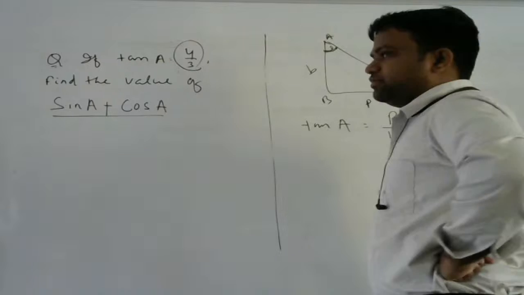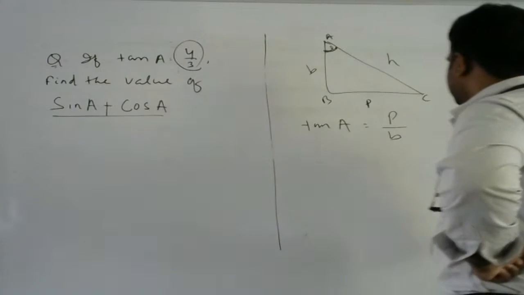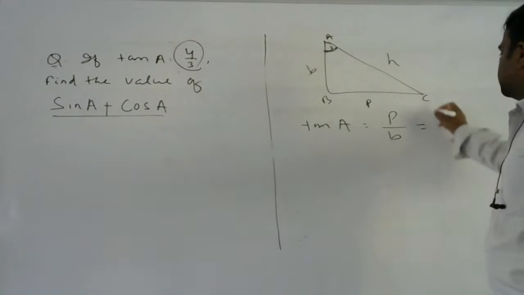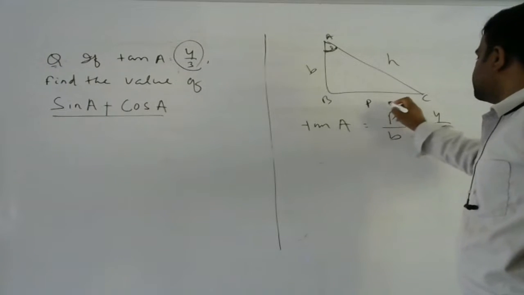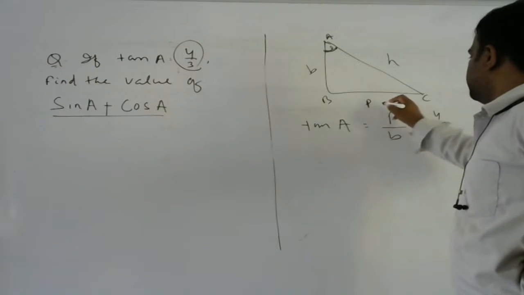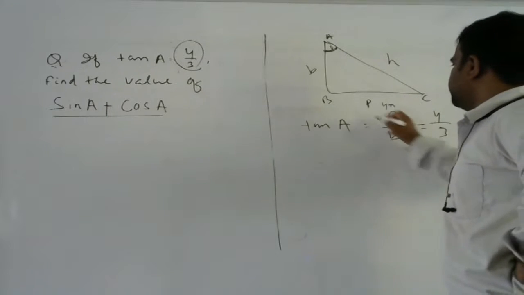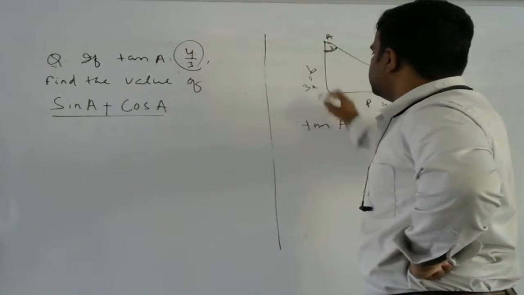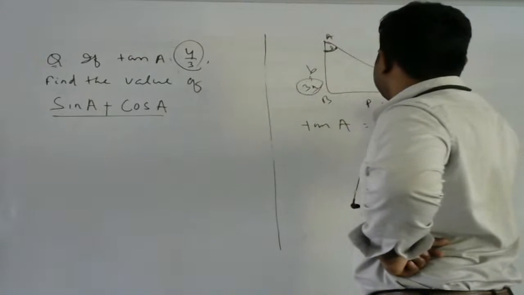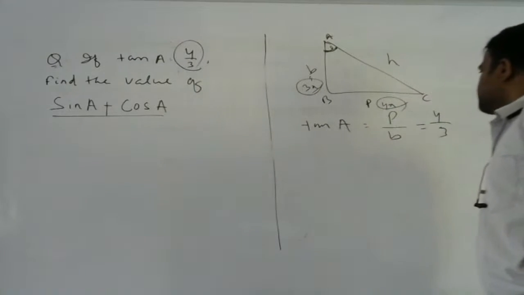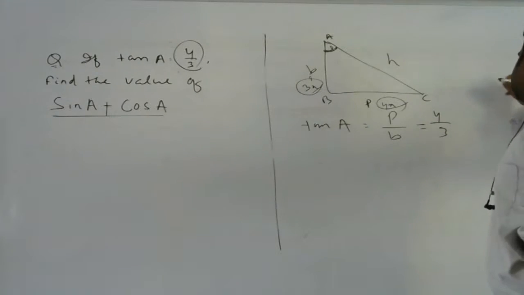we know that tan A is P by B, which equals 4 by 3 here. That means your P is 4x and B is 3x. You can take it like this. And if B is 3x and P is 4x, what will be the H?